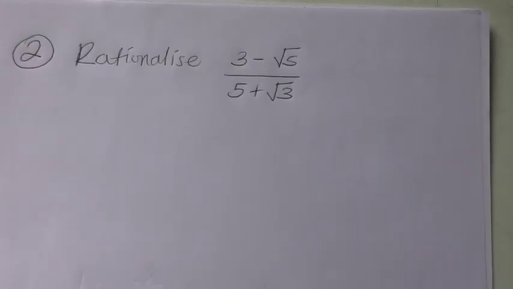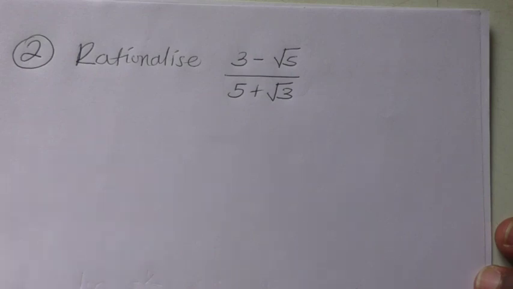Our second question says rationalize 3 minus root 5 over 5 plus root 3. So in rationalization, to rationalize is to make the denominator a rational number, and we rationalize by multiplying both the numerator and the denominator by the conjugate of the denominator.